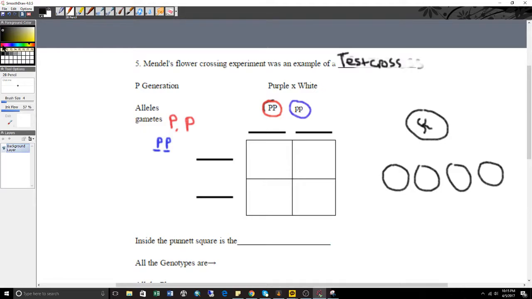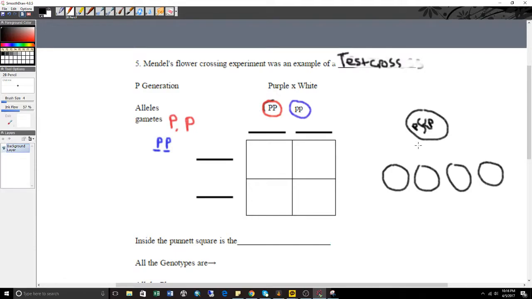On these chromosomes you have the parental alleles. For parent 1, you have big P on one and big P on the other. So here are your chromosomes, and here are your two alleles, one allele on this chromosome, one allele on this chromosome.